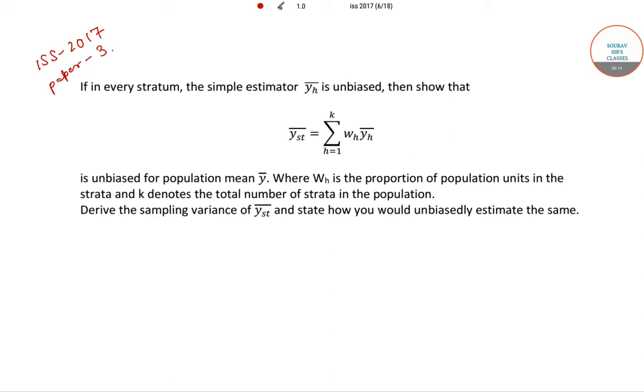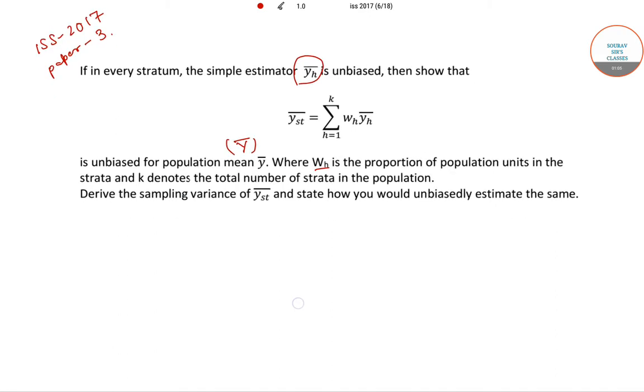Here we have to show that the stratified population mean ȳst, which is equal to the summation h runs from 1 to k of Wh ȳh, where ȳh is the simple estimator of the hth strata, is an unbiased estimate for the population mean capital Ȳ, where Wh is the proportion of population units in the strata, and k denotes the total number of strata in the population.